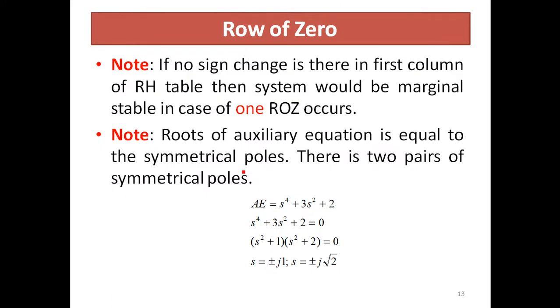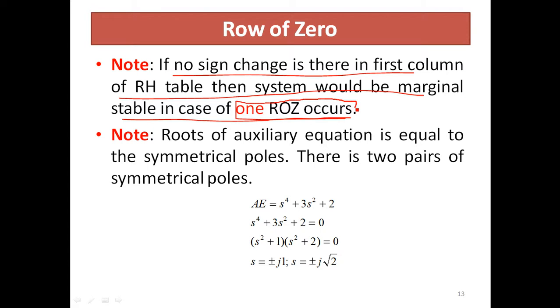Now, another aspect: if no sign change is there in the first column of RS, then the system would be marginally stable in case of one ROZ. So according to the Routh-Hurwitz criterion, if there is no sign change, the system should be stable.